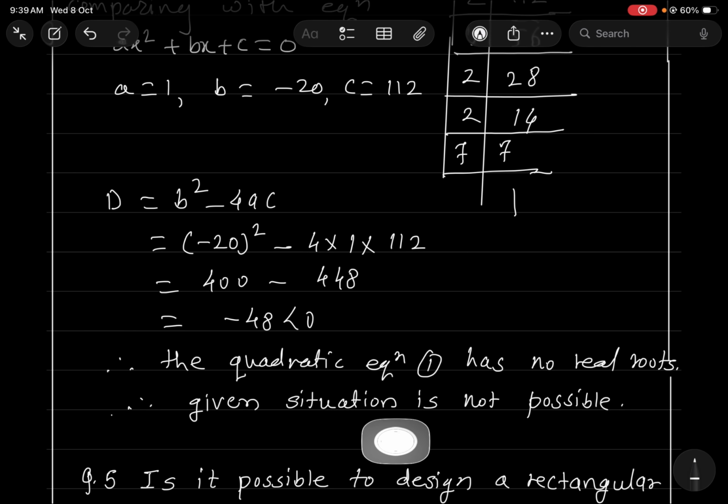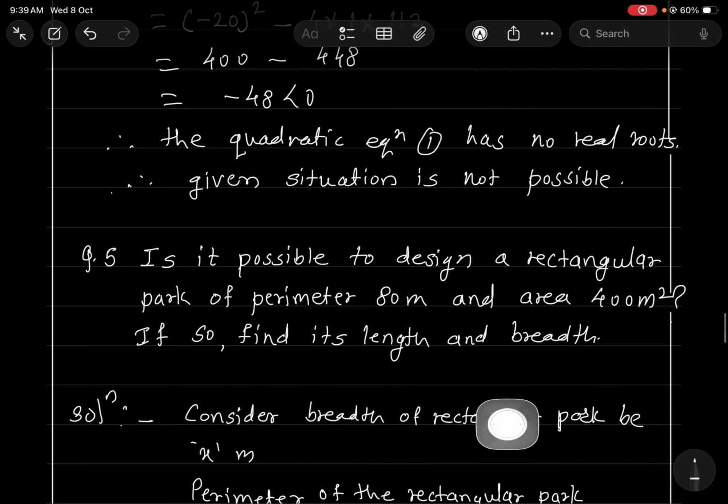The nature of the roots we studied, so the given situation, where the sum of their ages is 20, is not possible.